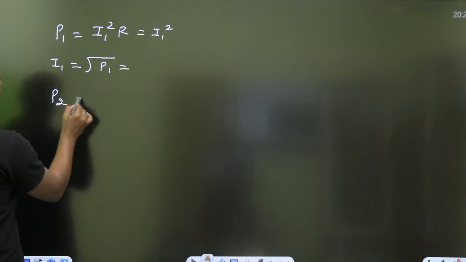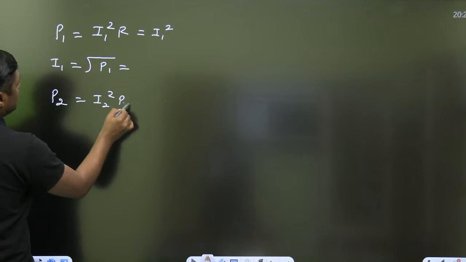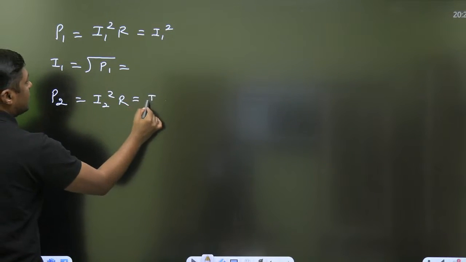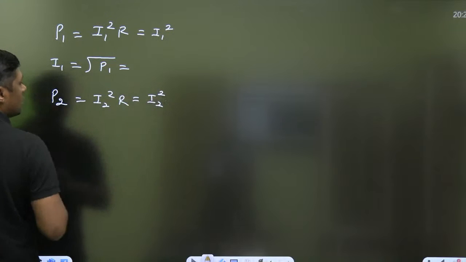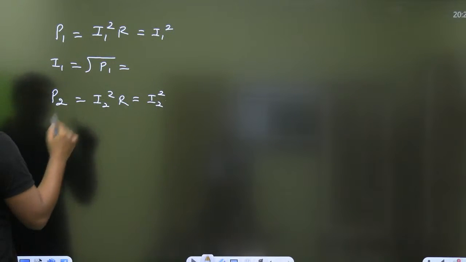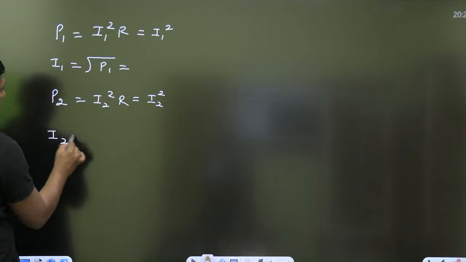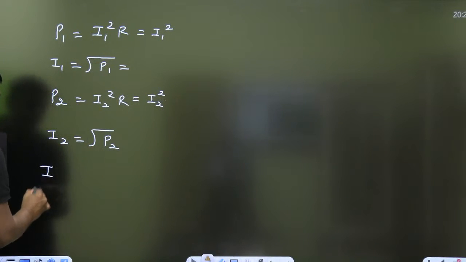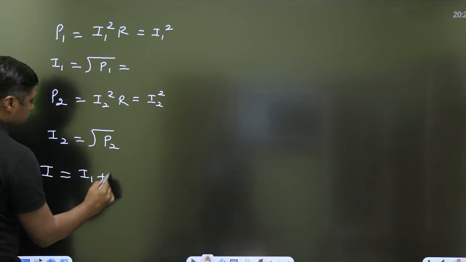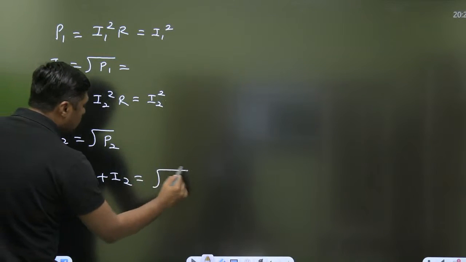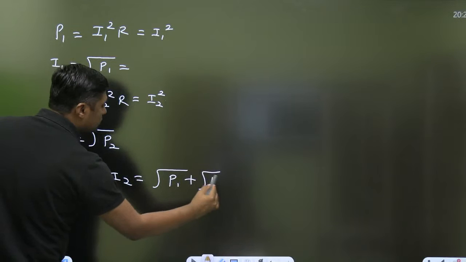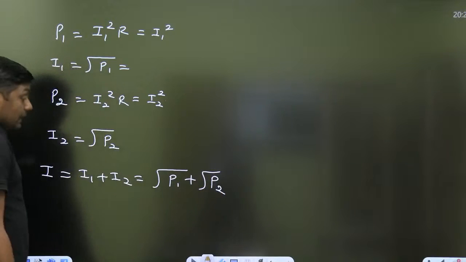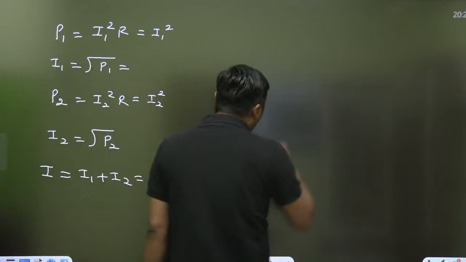Similarly, P2 is equal to I2 square into R. R will remain the same, R is 1 ohm. So I2 is equal to root over P2. According to the superposition theorem, what is I1 plus I2? That will become root over P1 plus root over P2. Okay. Then finally, what will be the total power?